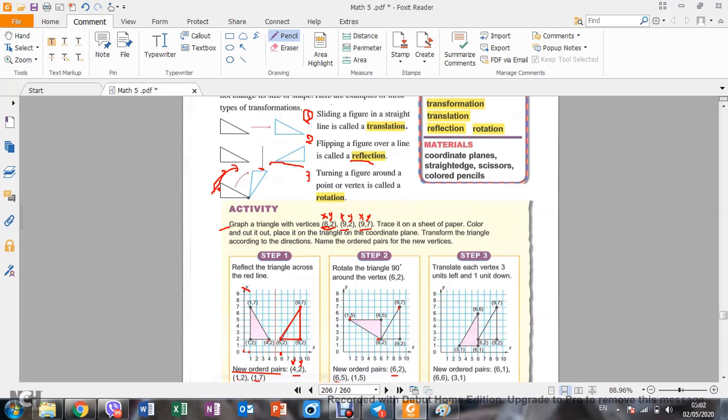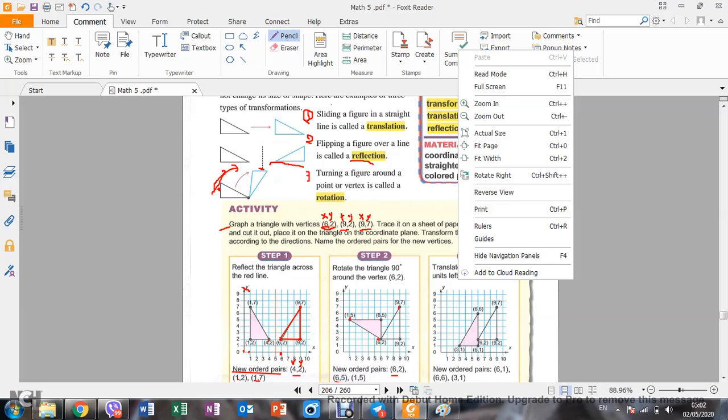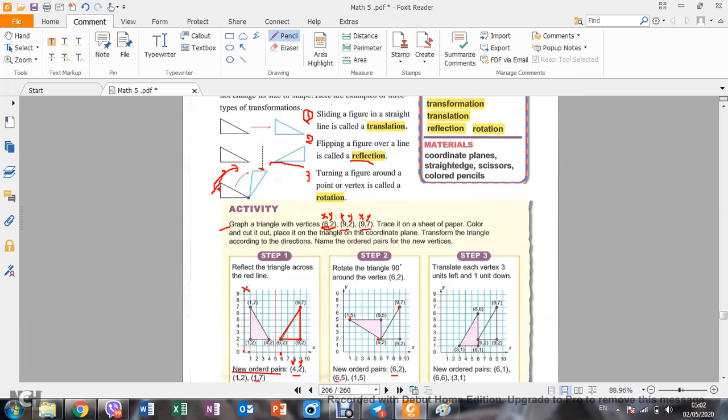Translate means, look, for example, I tell him to translate this figure 3 units left and 1 unit down. What does it mean? You need to draw this one, but 3 means left. Look, 3 units means you need to move it left. Left or right means you need to change the x. For example, our x is here, 6.